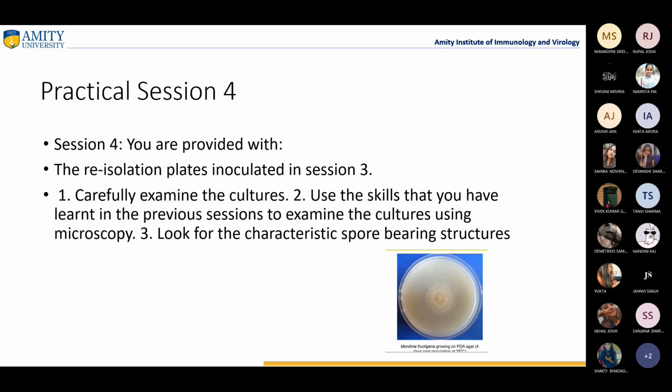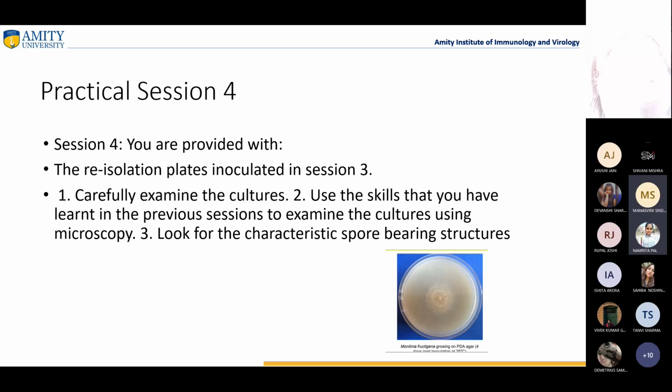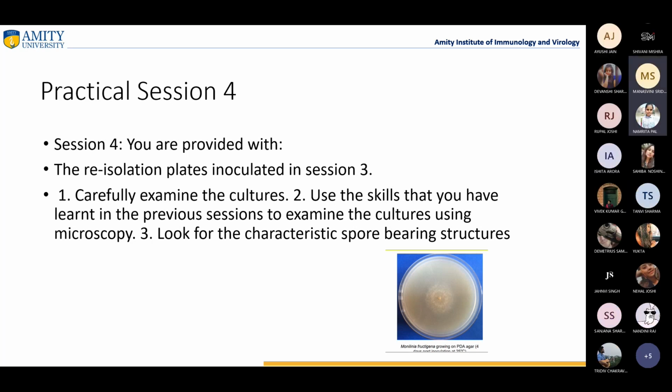Adhish Mishra, present, ma'am. Ayushi Jain, present, ma'am. Devanshi, Ishita, present, ma'am. Janvi, present, ma'am. Manaswani, Namrata, present, ma'am. Nandini, Nehal, present, ma'am.